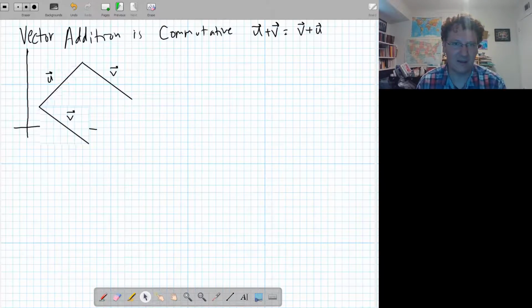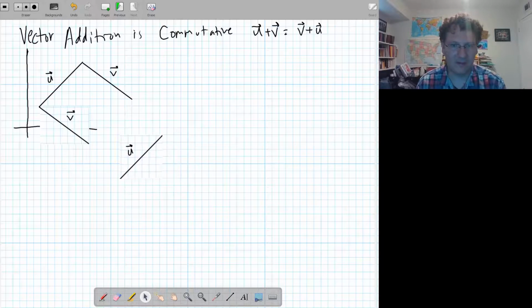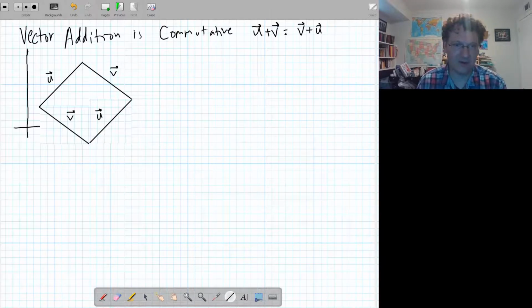And I'm going to copy the vector u and put that over here. What we get is the same thing. So from here to here is the vector u plus v, and it's also the vector v plus u.